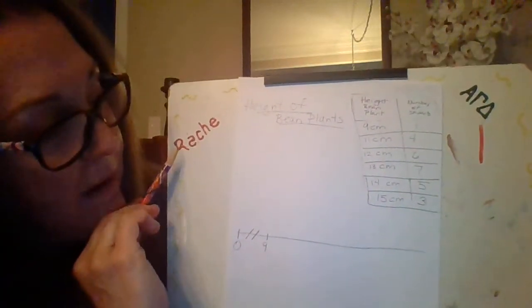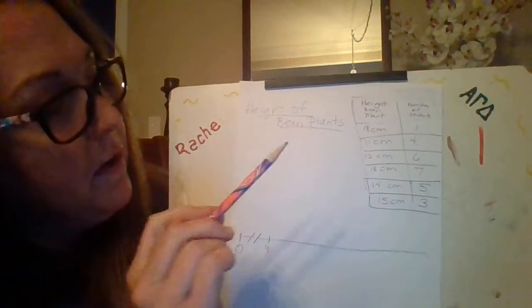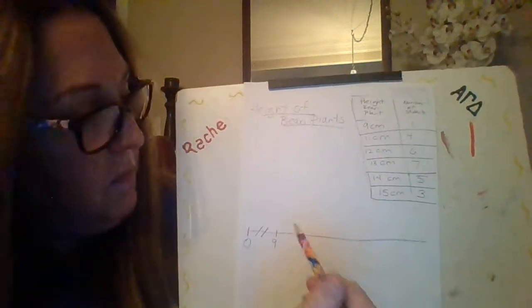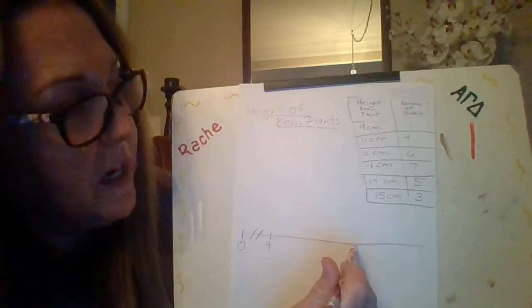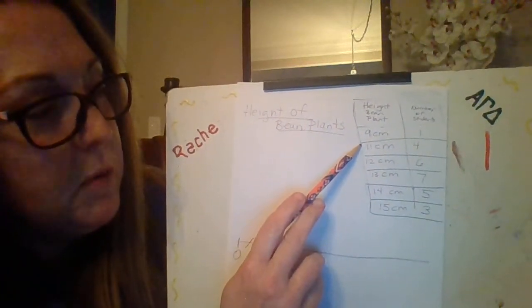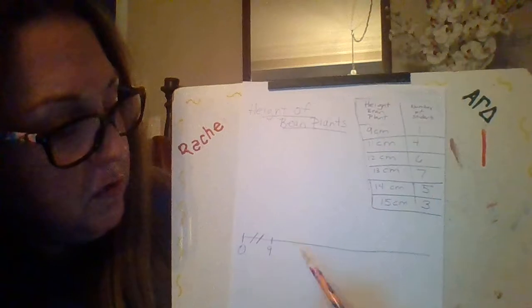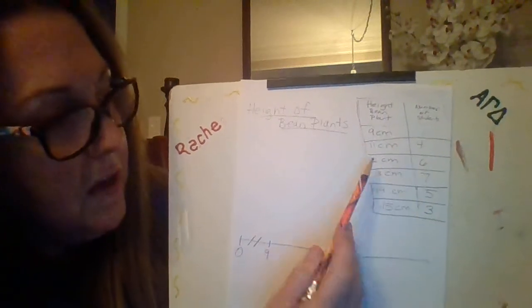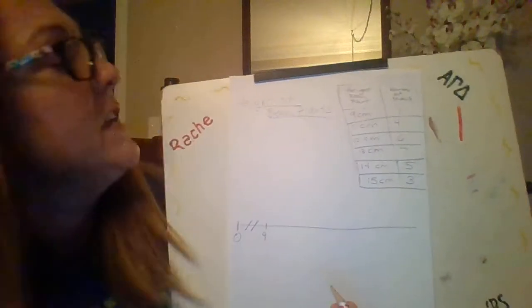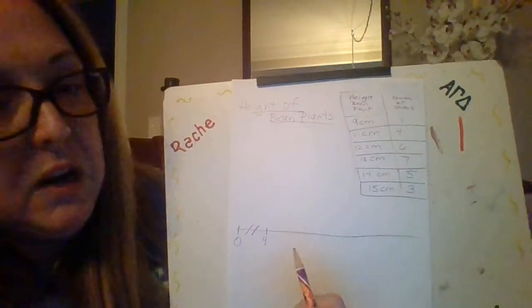Now, this is also a very important thing here. Just like yesterday where we put numbers on our line plot where there wasn't any data because they were holding spaces in between, we're going to do that again. So you'll see, look, there is no 10 centimeter plant, but we're not just going to go straight to 11 centimeters. Then there's 11, 12, 13, 14, 15. So we need to leave that space where a 10 centimeter plant would have been.